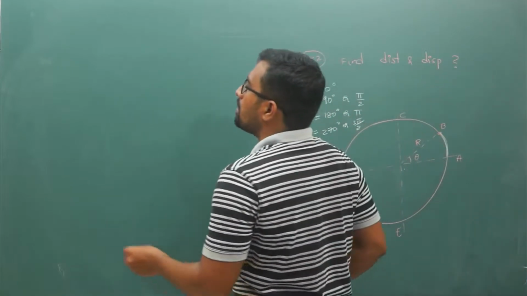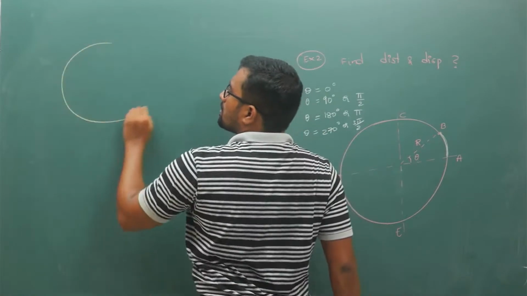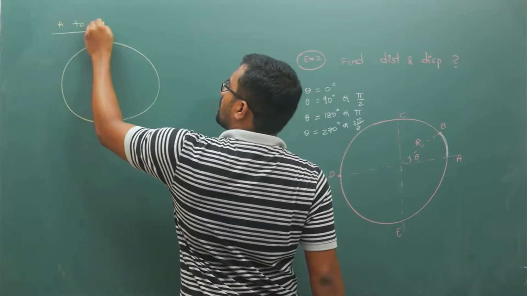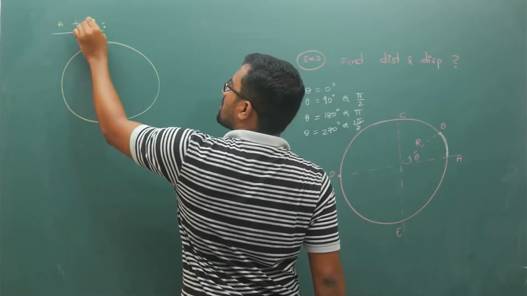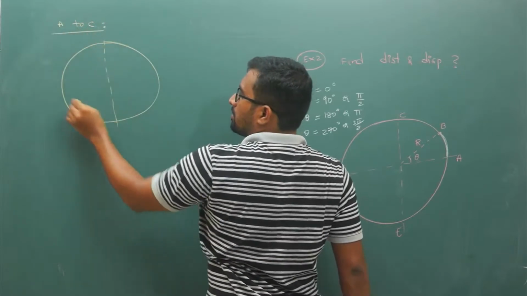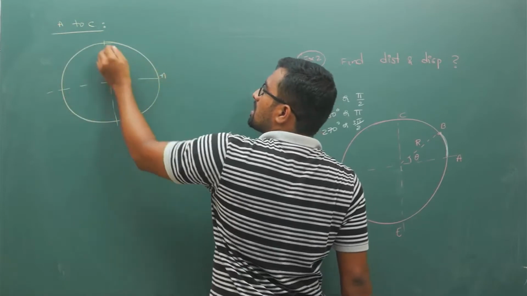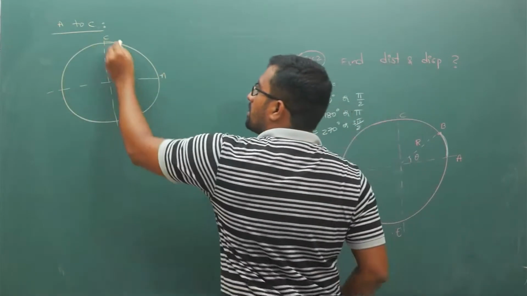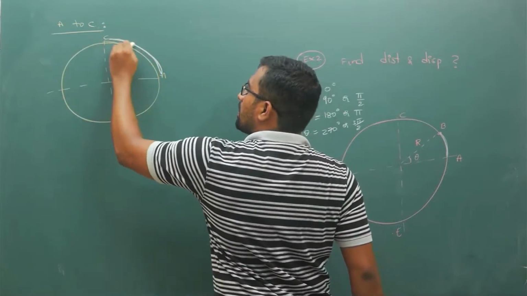Now first, in a loose way, I will explain. First A to C I'll do, and then A to B I'll do it. So this is A, this is C. Now what is your distance? Your distance is this white color part.